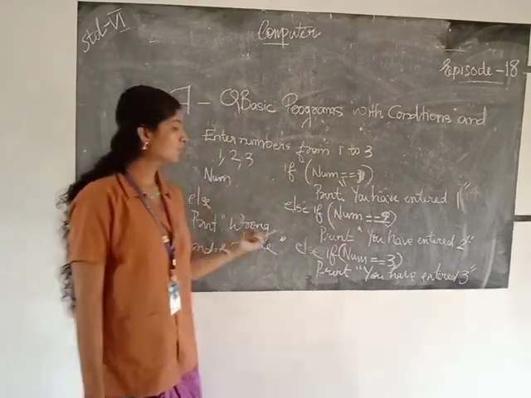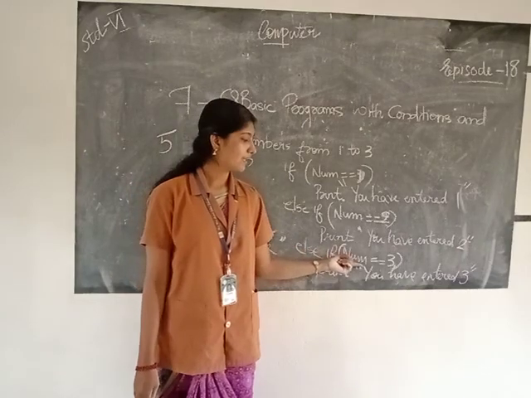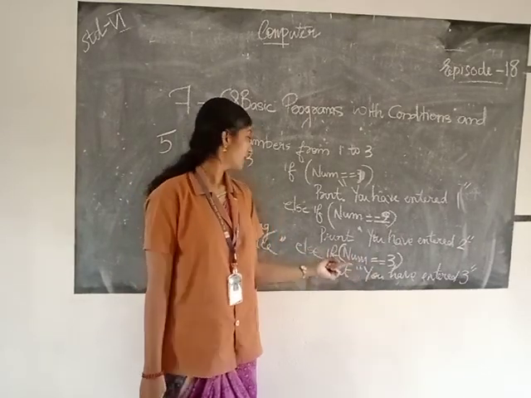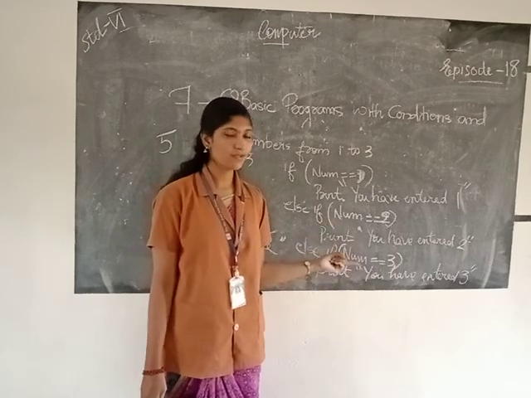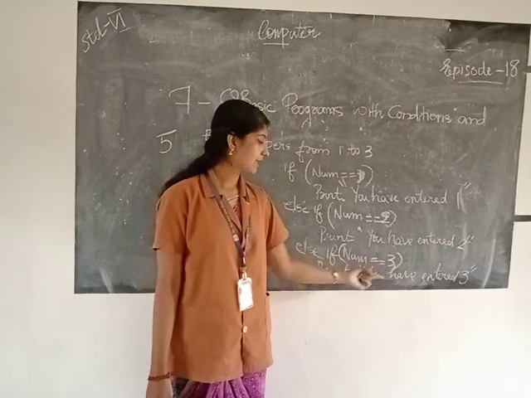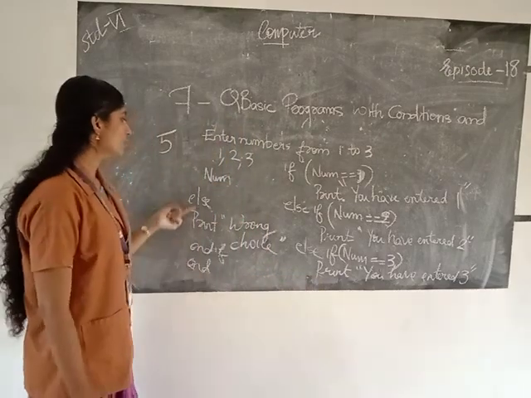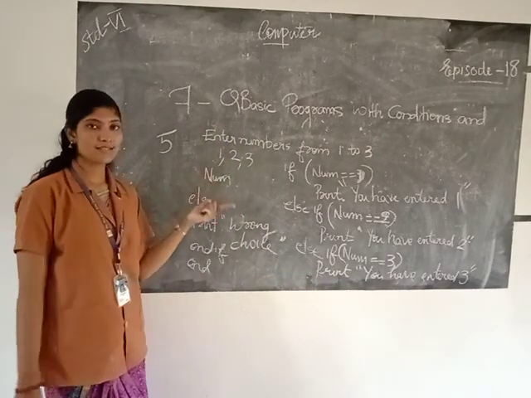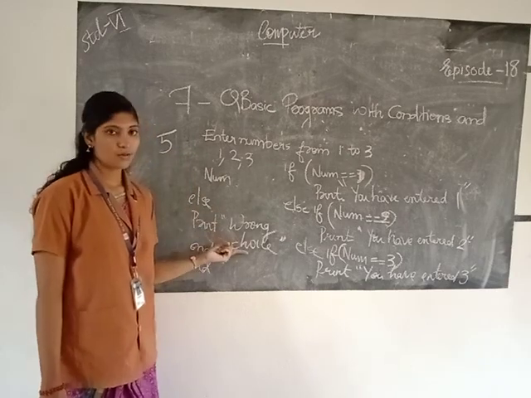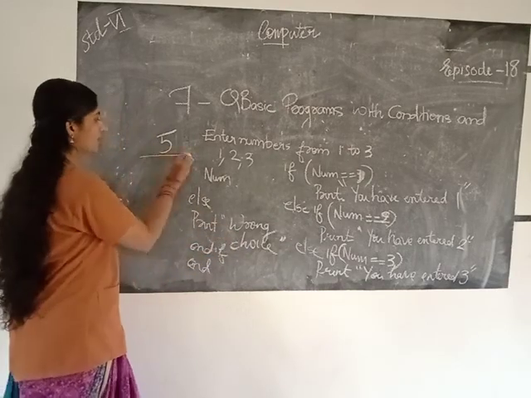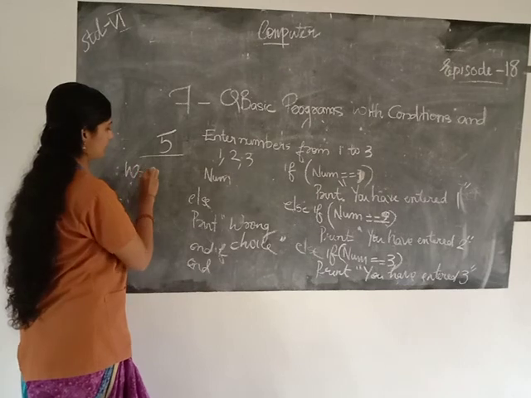Then it will go to the third condition. If num equal to 3, that is 5 equal to 3. Is it correct or not? It's not, because 5 is not equal to 3. Then it will go to the else part. That means no condition is satisfied by 5. Then print wrong choice. So what is the output here? Wrong choice.